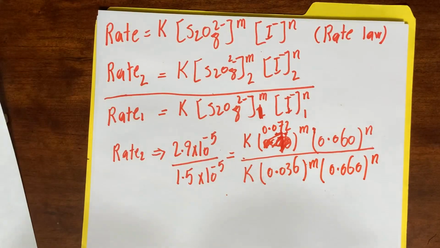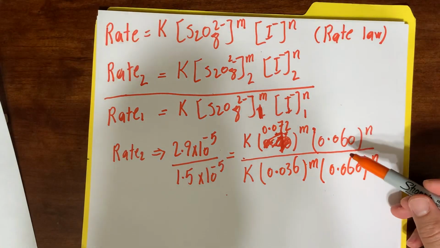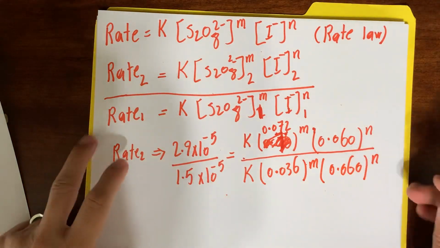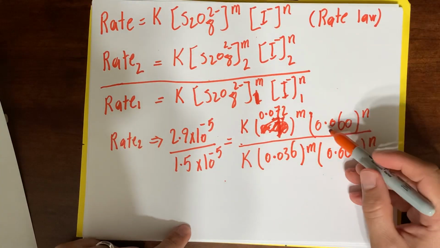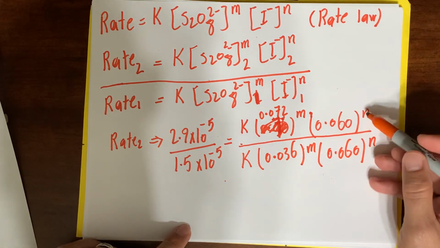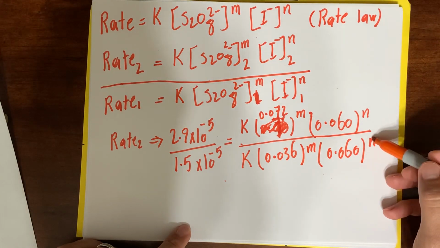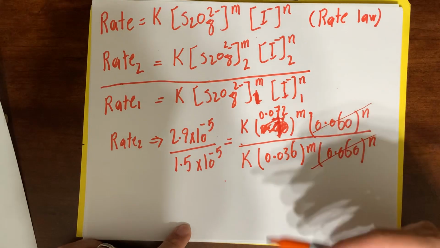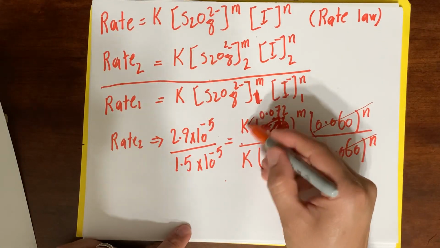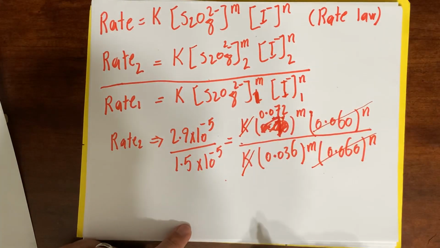As you see, I designed the experiments in a way that I can eliminate one of the variables. Right now I see 0.060 to the power of N divided by 0.060 to the power of N, so I can cancel them entirely. That means N is gone. K by K also will be cancelled.